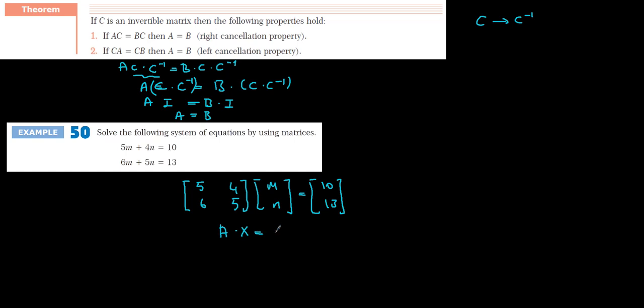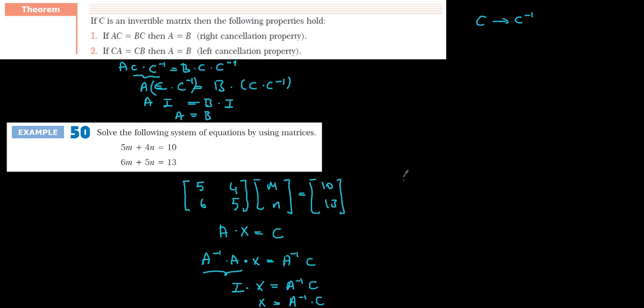If I multiply both sides by the inverse of the first matrix, A inverse times A times X, it's going to be equal to A inverse times C. Then A inverse times A is identity, times X is equal to A inverse times C. So X should be equal to A inverse times C.